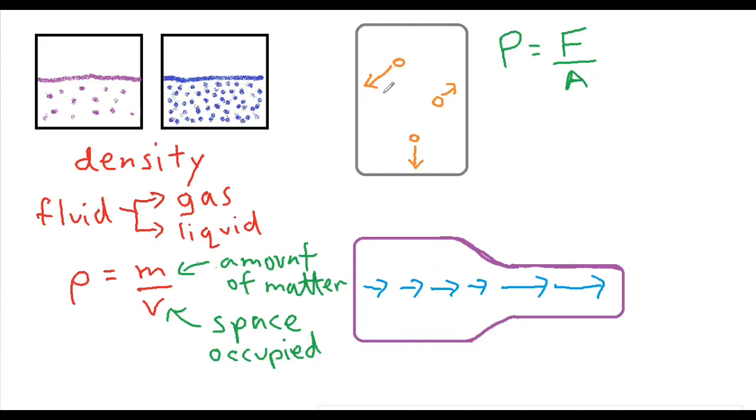Now, when you're taking a look at these molecules bumping into the container, it also matters the way in which they're bumping into it. This one over here, based on its velocity, because it's perpendicular to this surface, is going to be creating more pressure than a lot of these other molecules. This particle coming in over here has a component that's coming in perpendicular and a component that is parallel because it has an angled velocity vector.